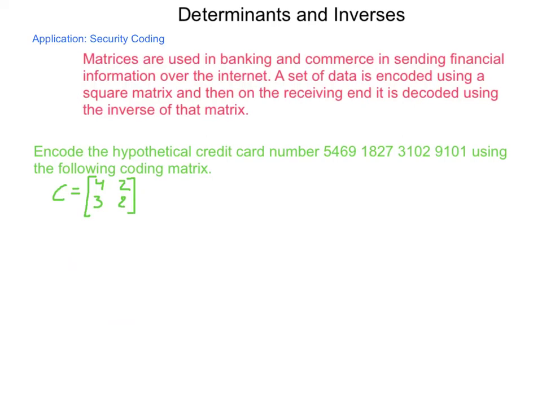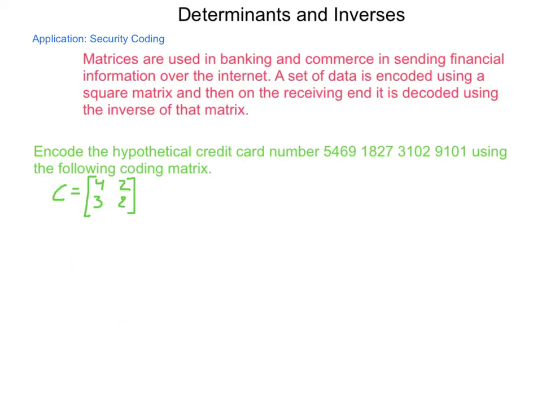If you had those items, you could intercept and decode the financial information. So they typically use matrices that are larger than 2 by 2.